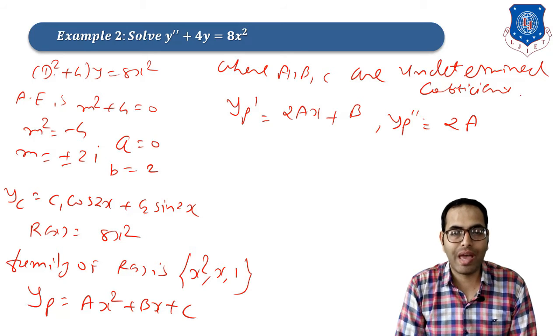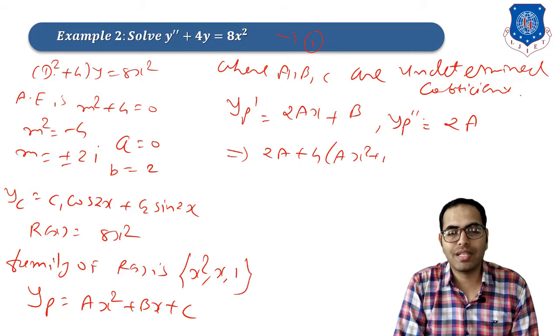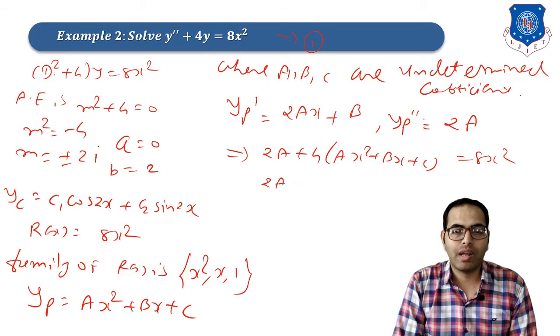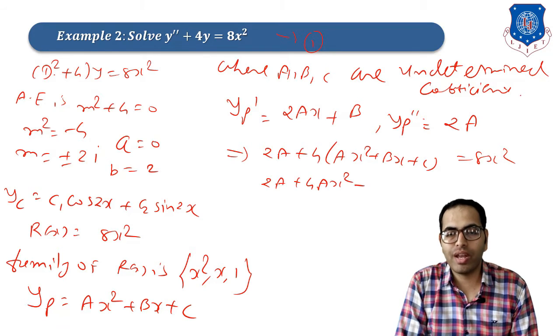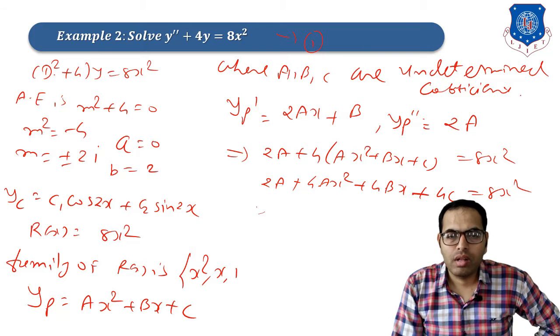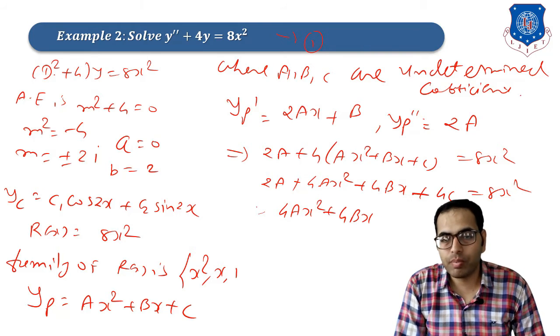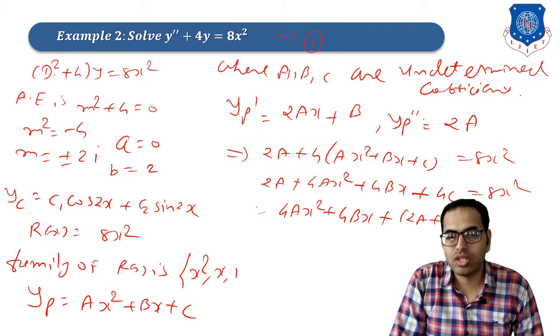Now substituting this yp dash and yp double dash in the given differential equation, y double dash, that is 2a, plus 4 yp, that is ax square plus bx plus c, is equal to 8x square. Now just expanding this term, 4ax square plus 4bx plus 4c. Simplifying that term, 4ax square plus 4bx plus 2a plus 4c is equal to 8x square.